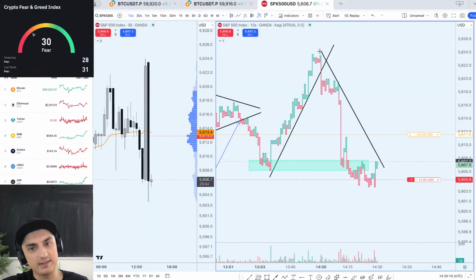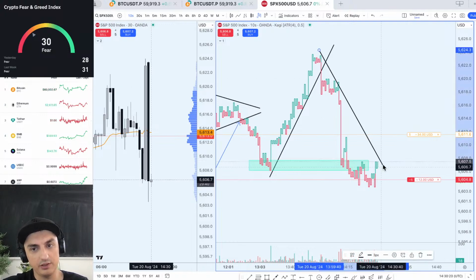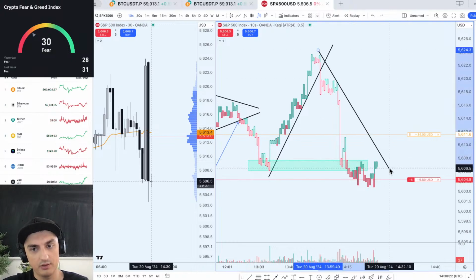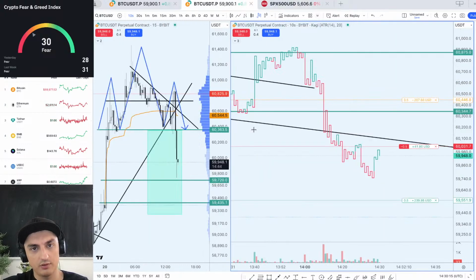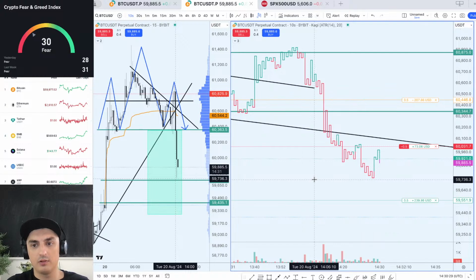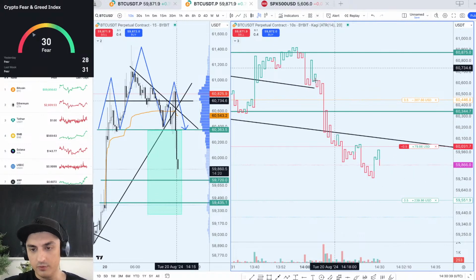S&P is retesting this resistance line over here. Bitcoin is still struggling around 59,900. That is the area that I'm looking for.